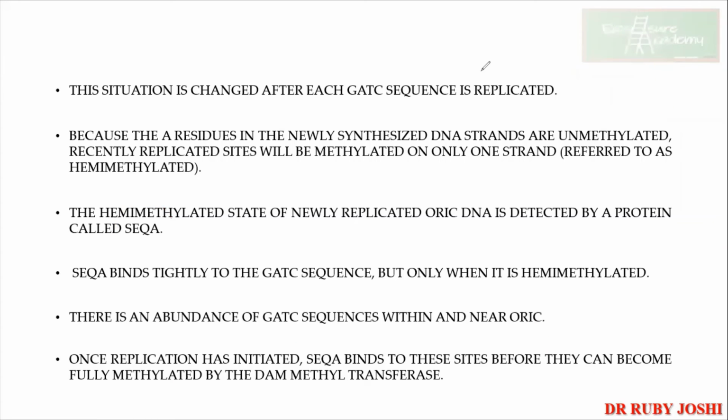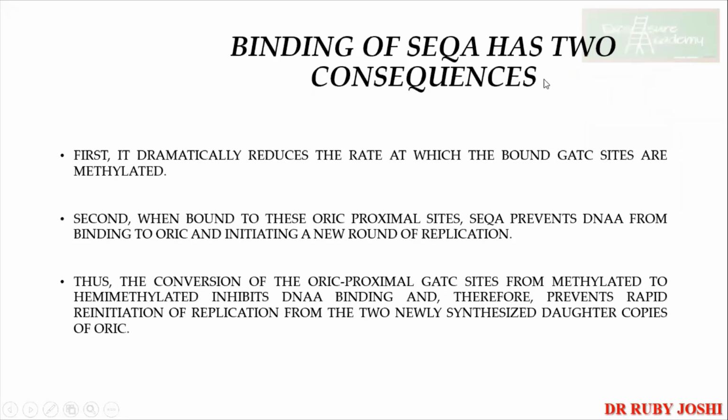Now, the significance of binding of SeqA to the hemimethylated OriC. If you remember, in the case of OriC, we have got those 5 units of 9-mer sequences, correct? And where does the DnaA binding protein bind?